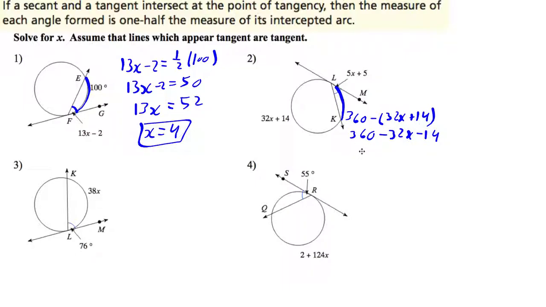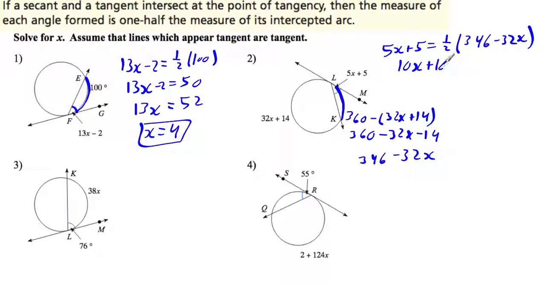So this arc is 360 minus 14, which is 346 minus 32x. That means the intercepted arc, 5x plus 5, is equal to 1/2 of 346 minus 32x. So I'll do 10x plus 10 is equal to 346 minus 32x.